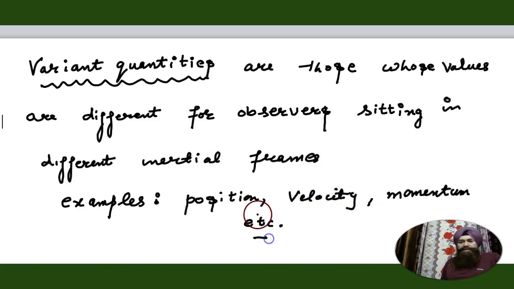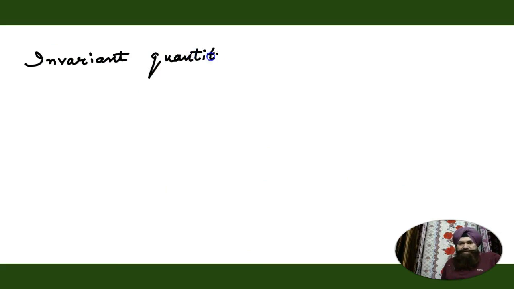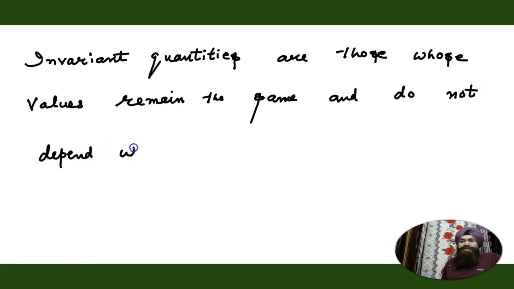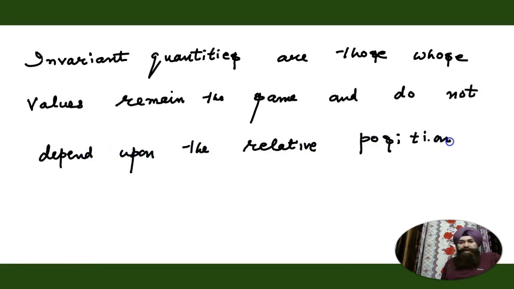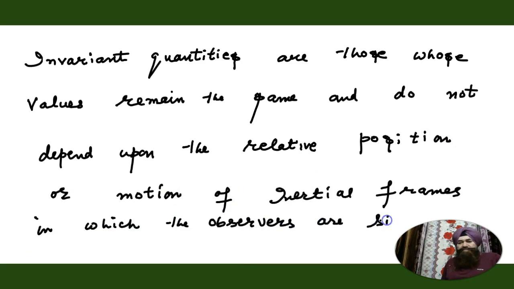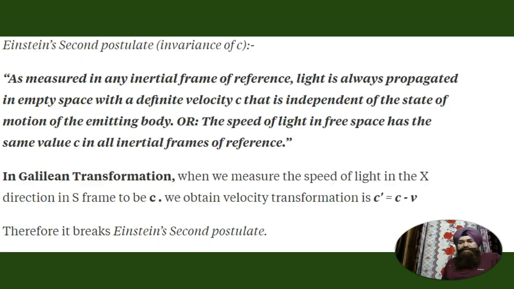Okay, because the name implies variant. Examples: position, velocity, momentum, etc. Invariant quantities are those quantities whose values remain the same, no change, and do not depend upon the relative motion of the inertial frames in which the observers are sitting, like mass, length, time, etc. Acceleration, force.